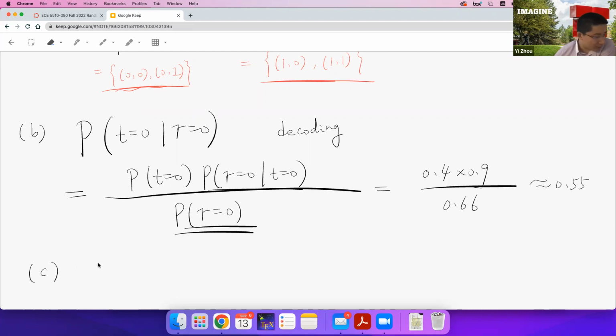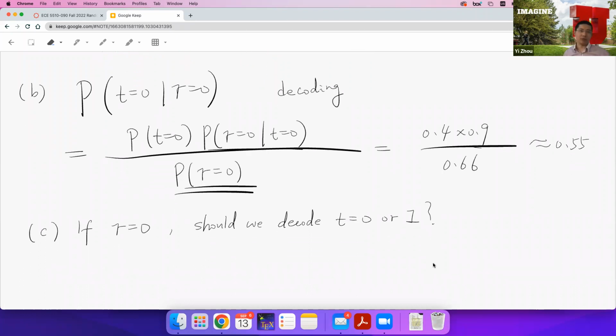The last question is, if we receive a 0, should we decode the message as 0 or 1?